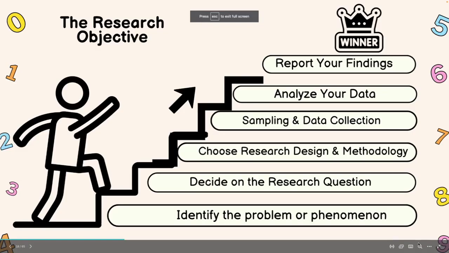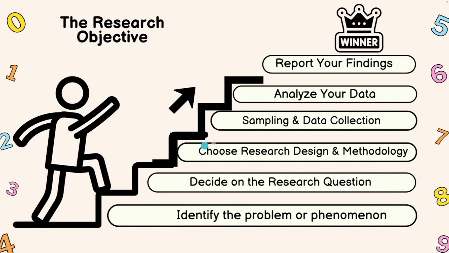So when we think about the process, remember, this is identifying the problem, deciding on your research question, choosing the design and the methodology, whether it's quantitative or qualitative, what kind of question are you asking, and will you use historical data or secondary data, or are you going to collect the data yourself? You can determine what analysis is appropriate for the data that you've collected.